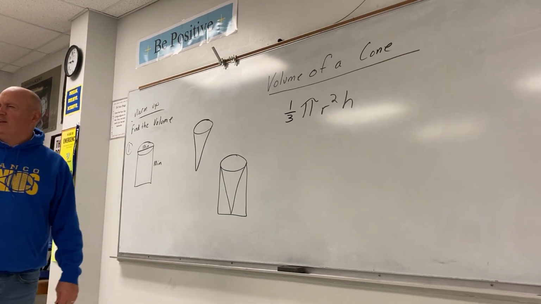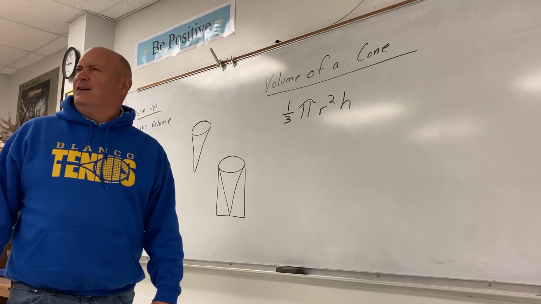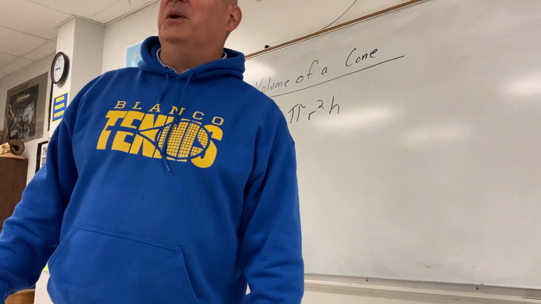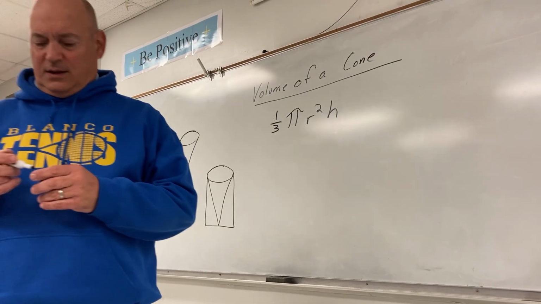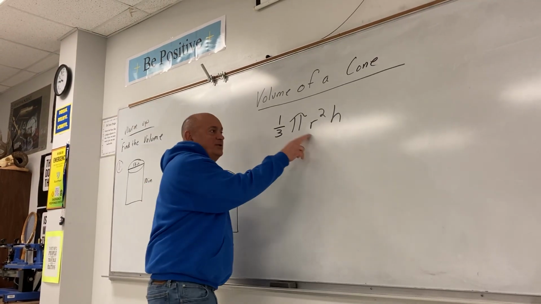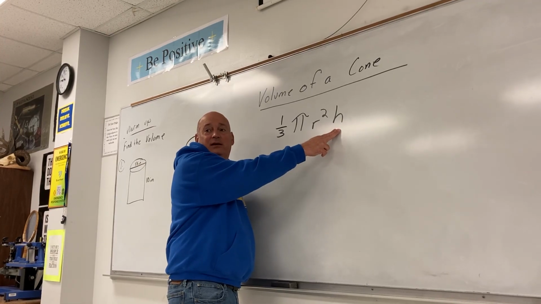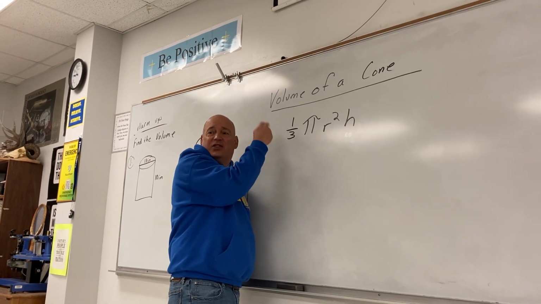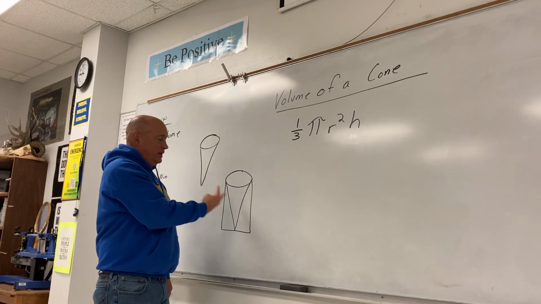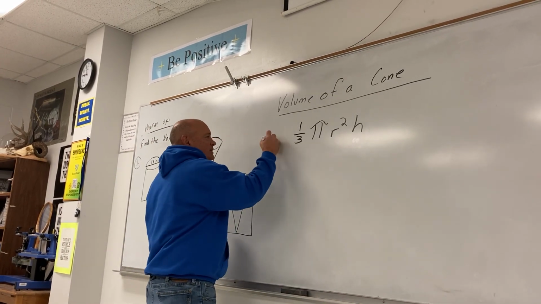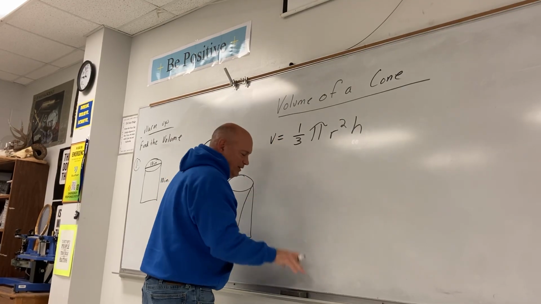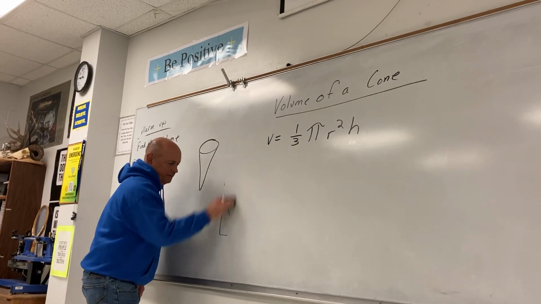So if you look back there on the chart, read me the volume of a cone. Now, isn't pi r squared h what we did yesterday? Do you now see why it's 1/3? Because there will be 3 cones inside of a cylinder. So, the good news is, that's the only new part of the formula today.